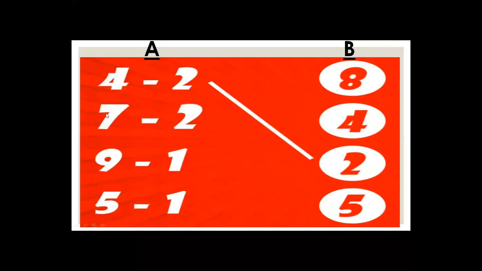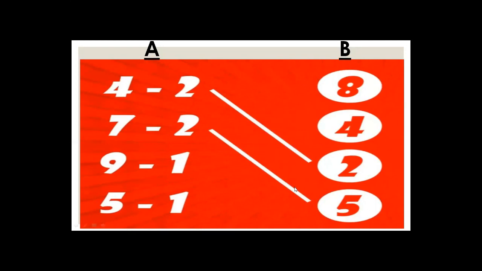Okay. The next one is 7 minus 2. We subtract 2 from 7. So 7 minus 2, which answer will we get? Yes, we get the answer 5.